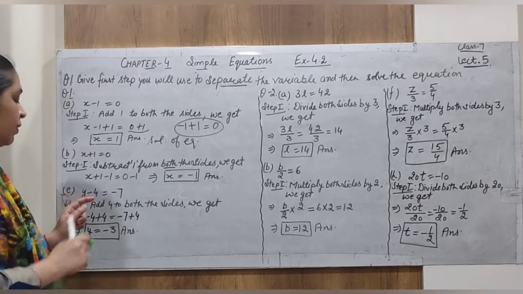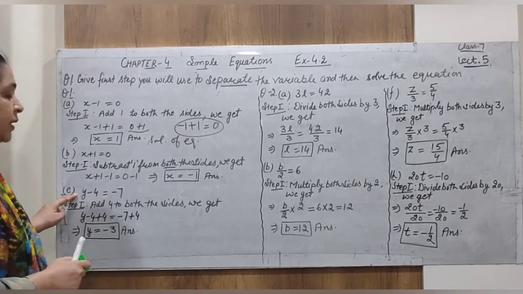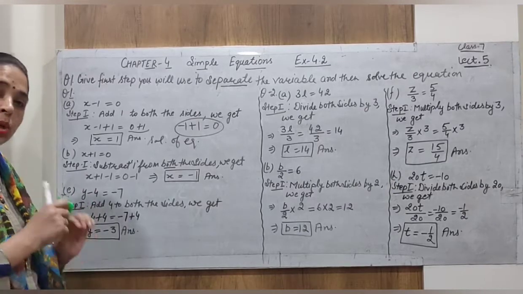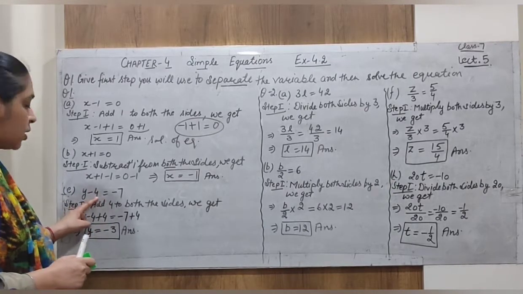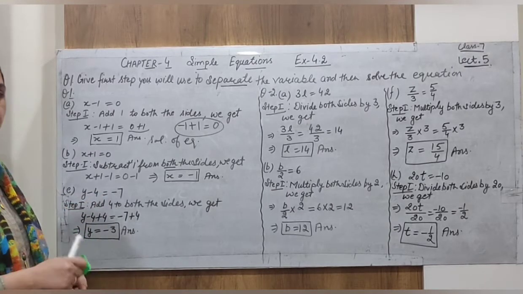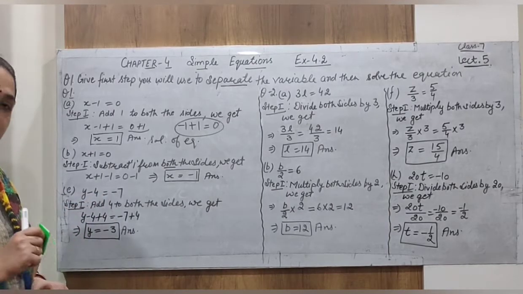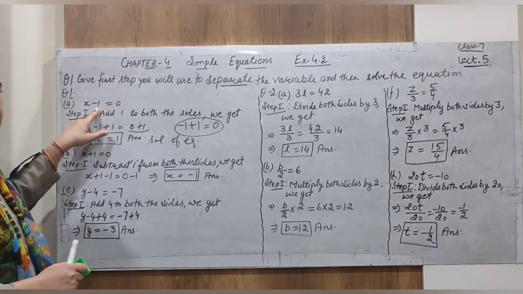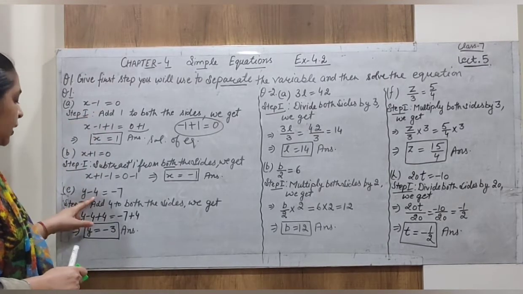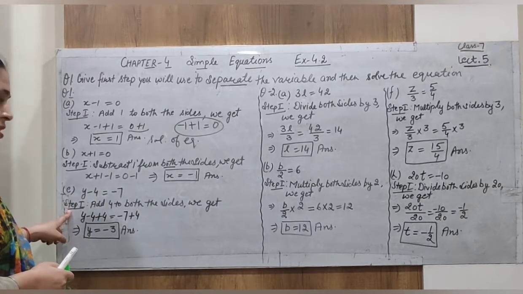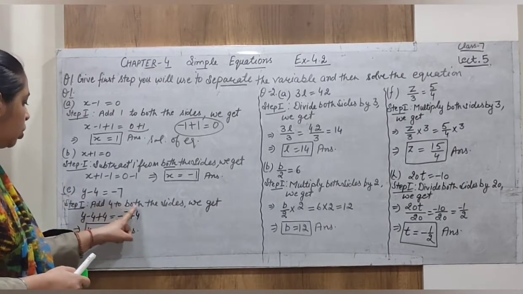Now here y minus 4 equal to minus 7. Alright, now our first step is to separate the variable. Separate means in the left hand side we need only y. It does not require 4. So we must remove minus 4 from the left hand side. Now as we have done in the minus 1 case, similarly we have to do in the minus 4 case. The first step is to add 4 to both sides.